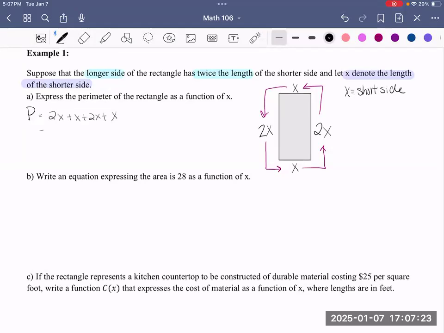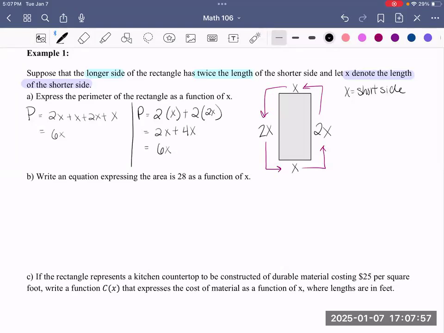In our case, we end up having 6 x's. 2x plus x is 3, plus 2 more is 4, plus another is 6. This could also be written as 2 times x plus 2 times 2x. Then you can chip away and get 6x. Just different ways to achieve the same answer.